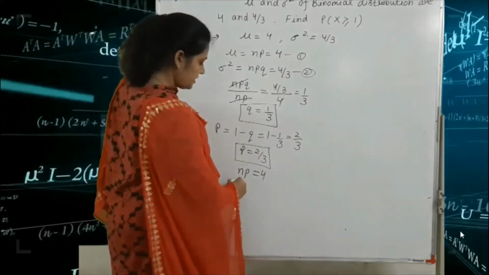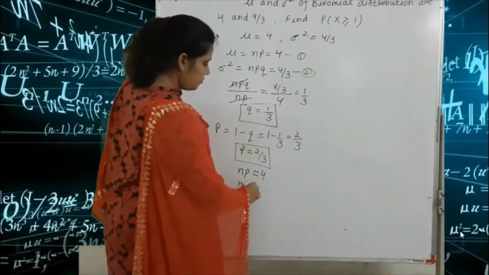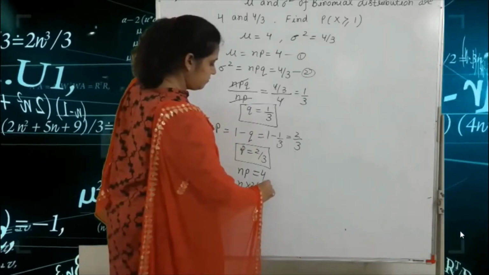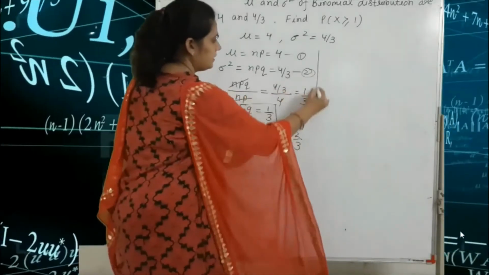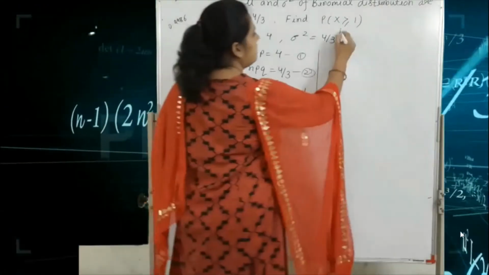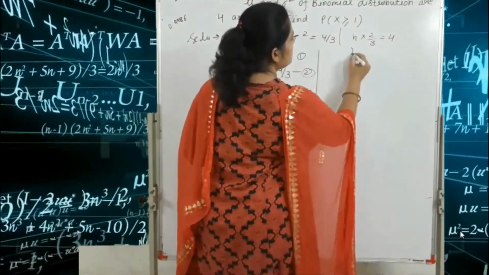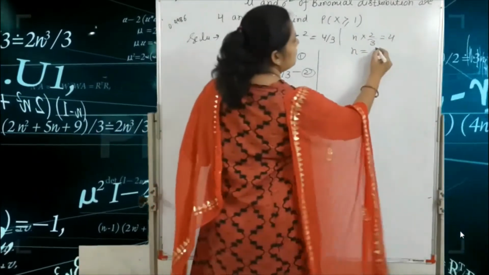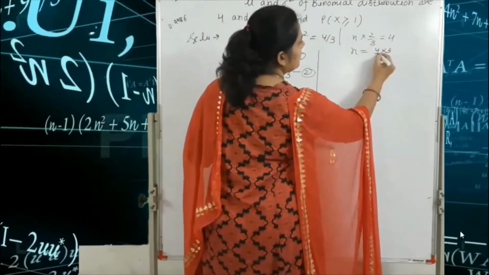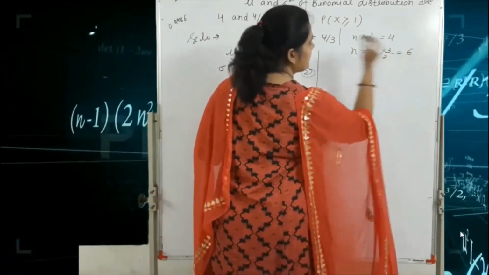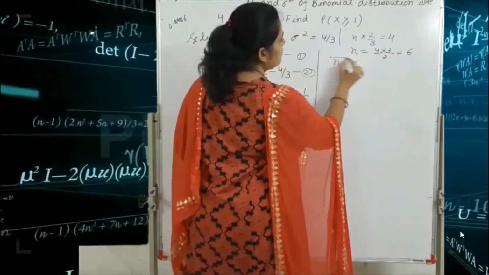So we put n into 2 by 3 is equal to 4. So n is equal to what? 4 into 3 divided by 2, that means 6. So n is equal to 6.